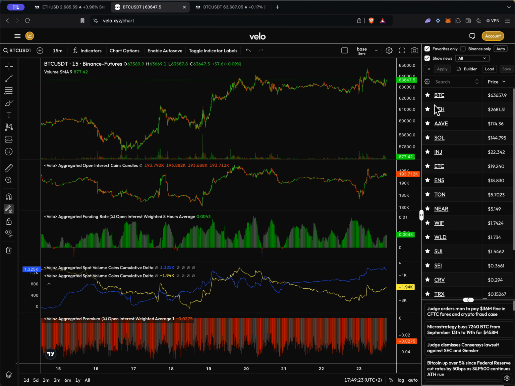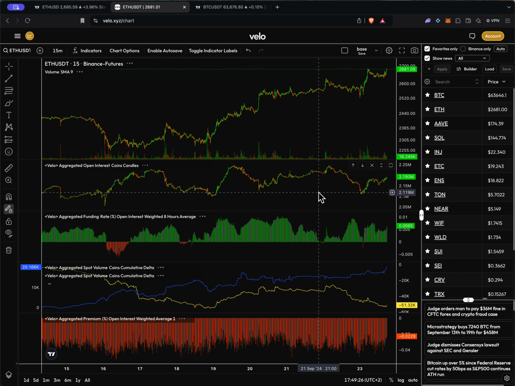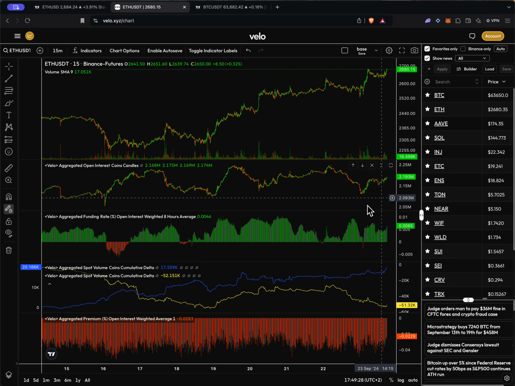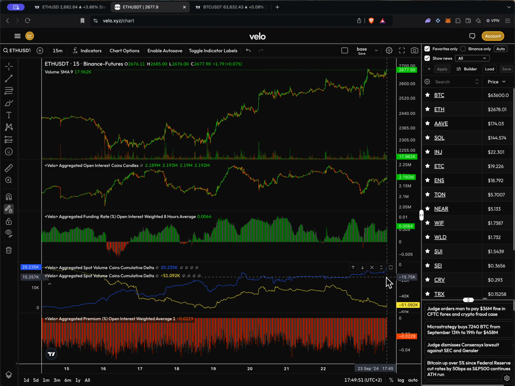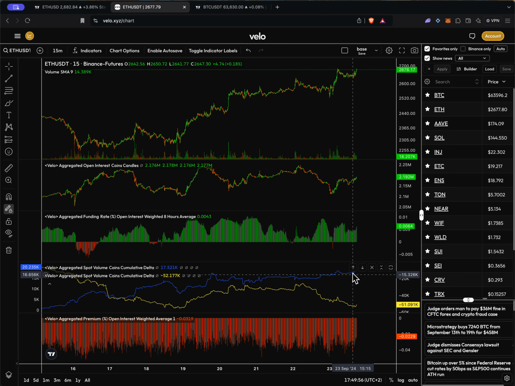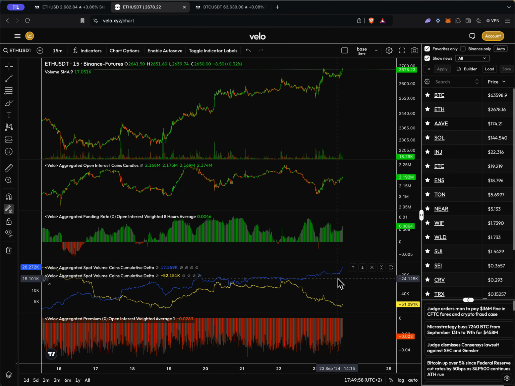Let's see from here how OI is. It's going higher, so quite some longs are opening. Funding rate is increasing, but both Binance spot and Coinbase spot cumulative delta, which means the coins market bought in these time frames, you see how it's increasing here and here.